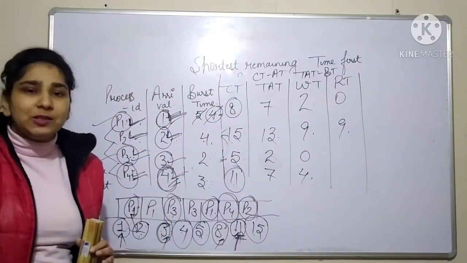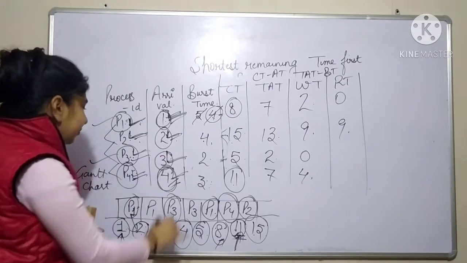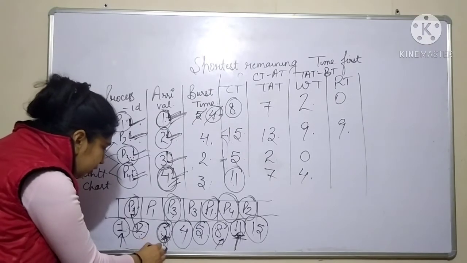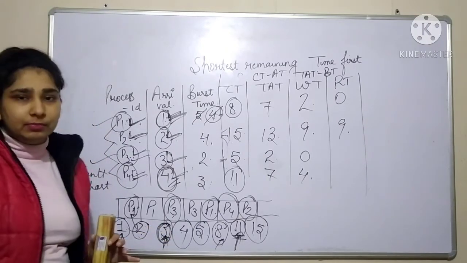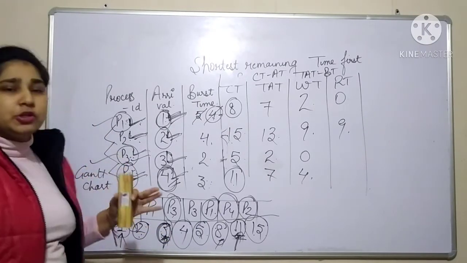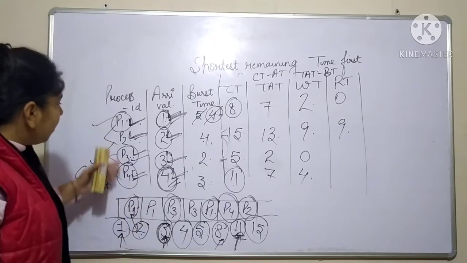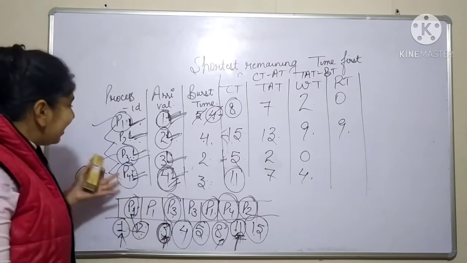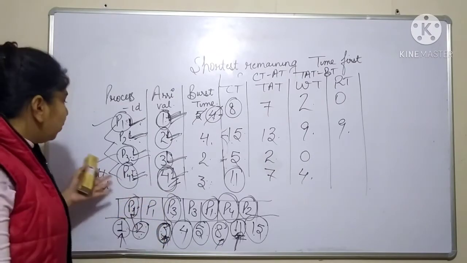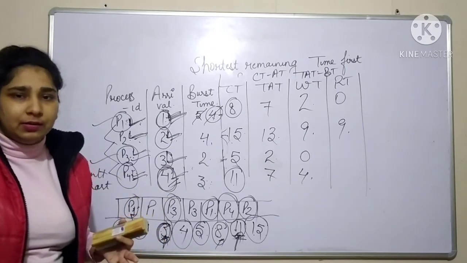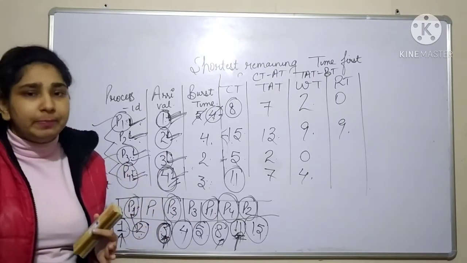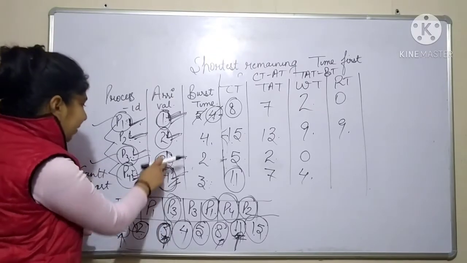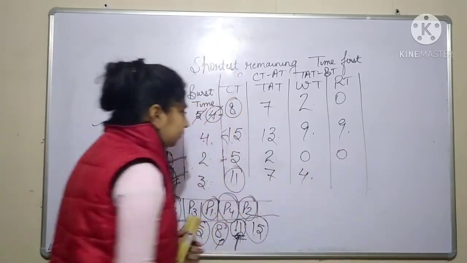Next we have process P3. It arrived in the main memory at 3 and was given its first response from the CPU at 3. As it is the shortest process of all, we are giving it priority. As it comes into the main memory, we schedule it and give it the CPU. So it didn't wait at any point of time. 3 minus 3, 0.